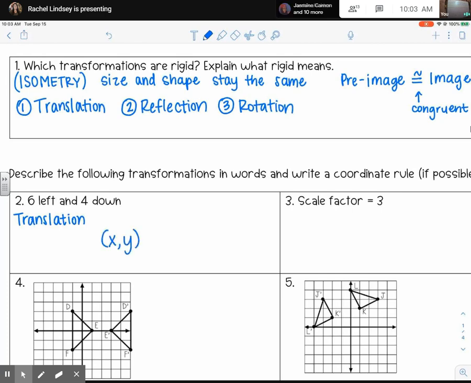So I have (x, y) goes to (x, y), x is going left 6, so is that plus 6 or minus 6? Minus 6. And then y down 4, so is that plus or minus 4? Minus. So that is my coordinate rule for a translation.